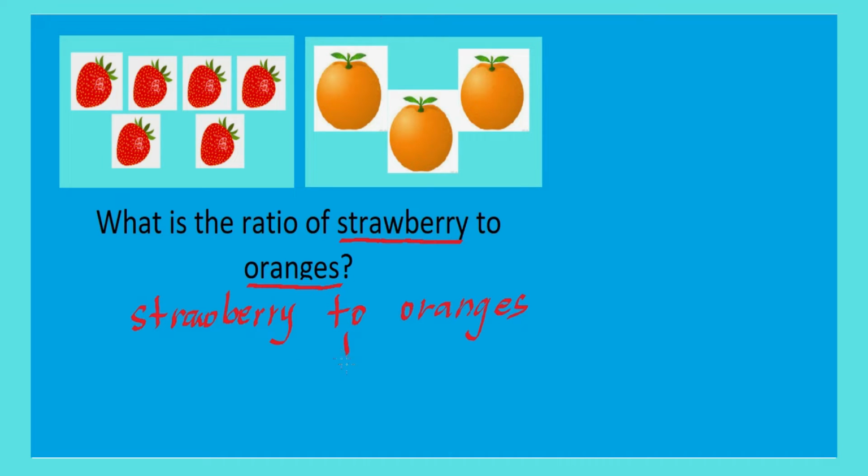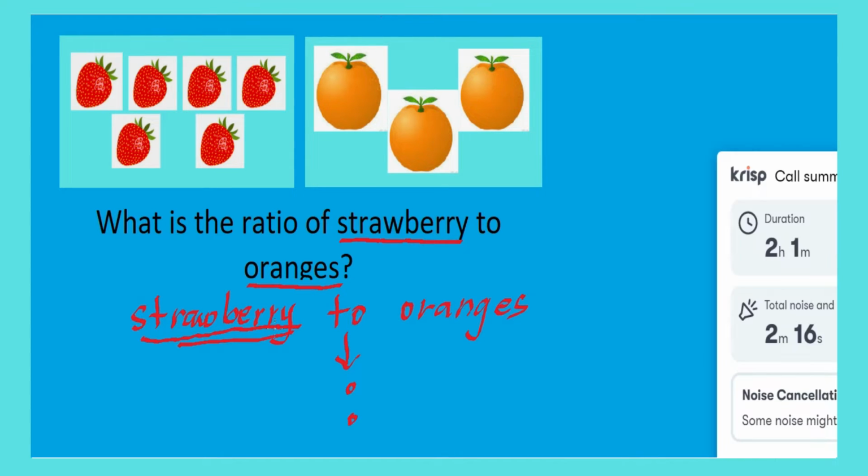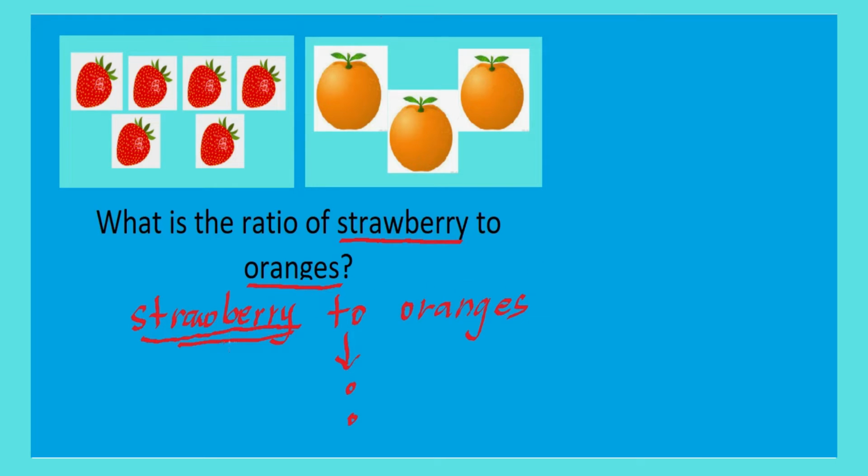All right, so these two, you are going to convert into a column, and then you are going to identify the number of strawberries in the picture. Okay, so let's count. We have here 1, 2, 3, 4, 5, 6. So how many strawberries we got?